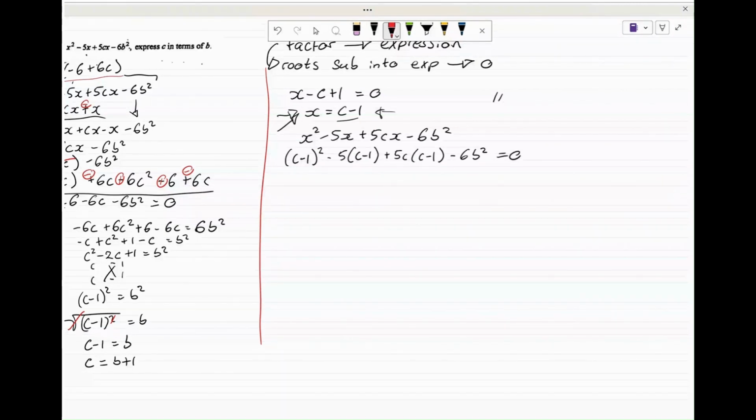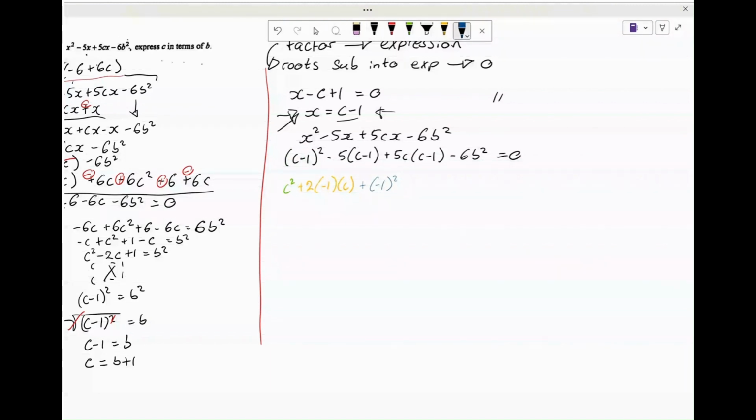So when you're squaring something like this, you can square the first, add twice the two multiplied together, and then square the last. So that would look like c squared, then add 2 times them multiplied together, so minus 1 times c, and then square the last, so minus 1 squared.